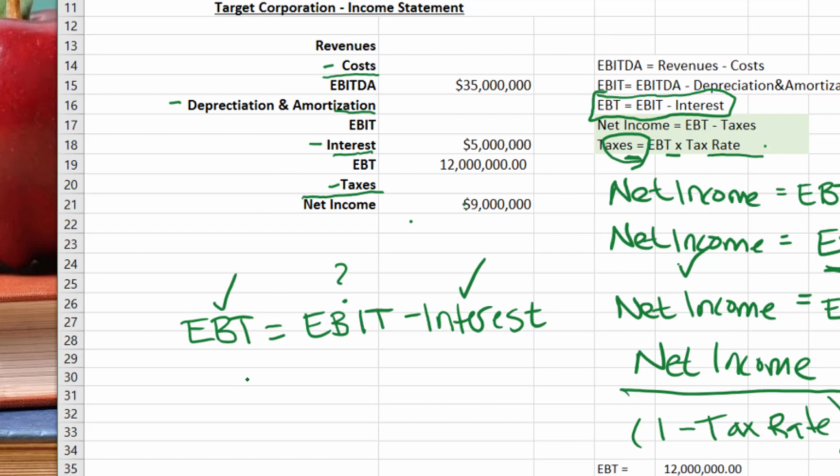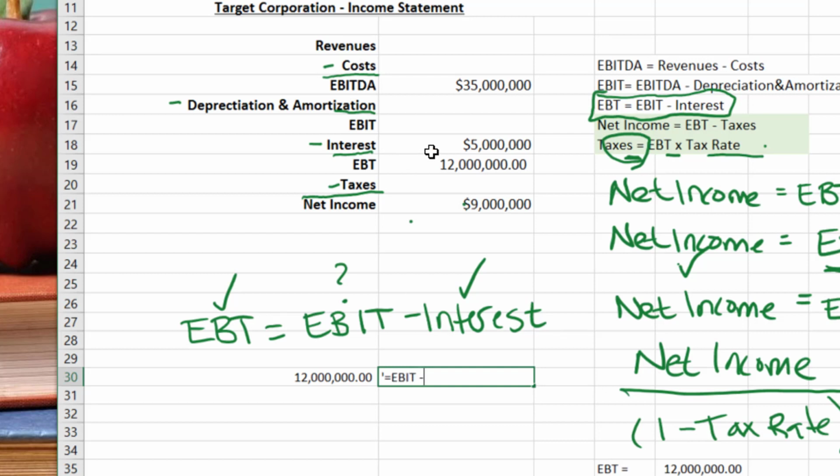So here, if I was looking at what that would look like, and I wanted to type it out, it would be my earnings before tax. I would take this number right here. So 12 million. Right? And that's going to be equal to earnings before interest and tax minus interest.